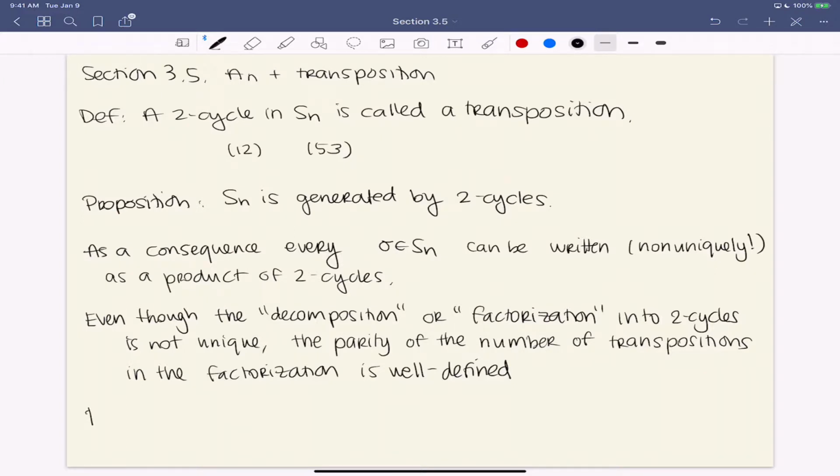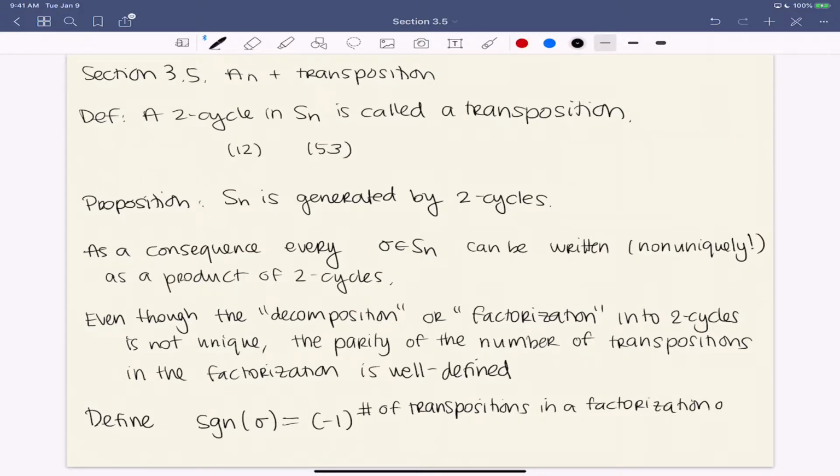So we define the sign of sigma to be (-1) to the number of transpositions in a factorization of sigma. Like I said, this number is not well defined, but (-1) to that number is well defined, because this will always be an even or an odd number, so you'll always get -1 or +1.